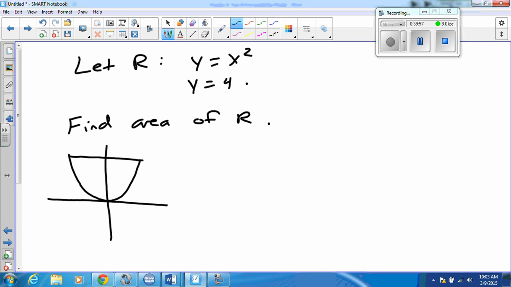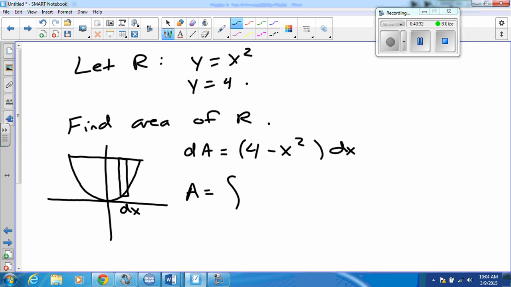Hopefully your sketch looks just like this. Hopefully also you have a representative rectangle that looks like this, with the width of dx, and a height now of top curve minus bottom curve, 4 minus x squared, times the width.